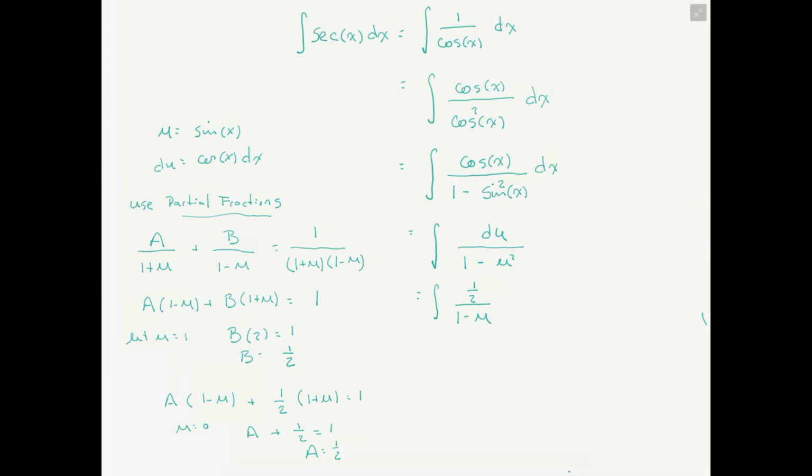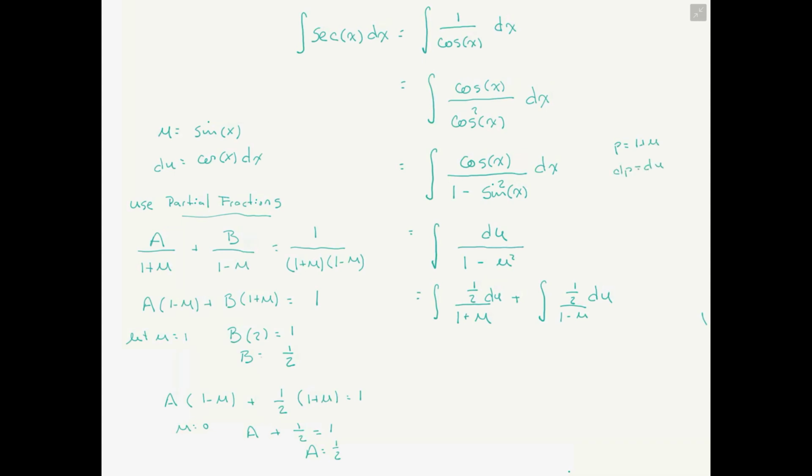plus the integral of 1/2. Well, my first integral is 1/2 du over 1 plus u, and my second integral is 1/2 du over 1 minus u. And now I make another substitution. You can see it's a very lengthy process.